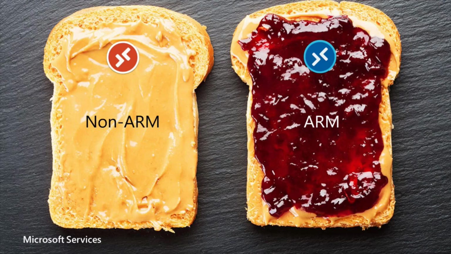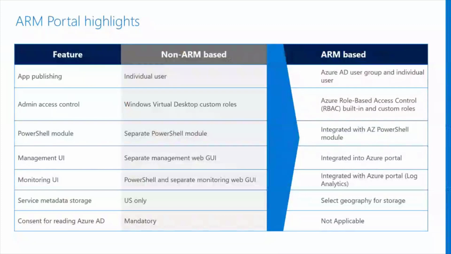So it's very efficient to directly go for the ARM-based model then. So just to give you some clear information on what the differences are between non-ARM and ARM. First of all, within non-ARM, it was not possible to assign a user group, an Active Directory group, to a specific application or desktop.